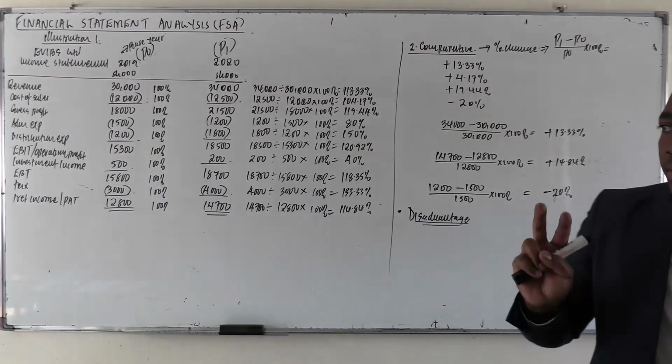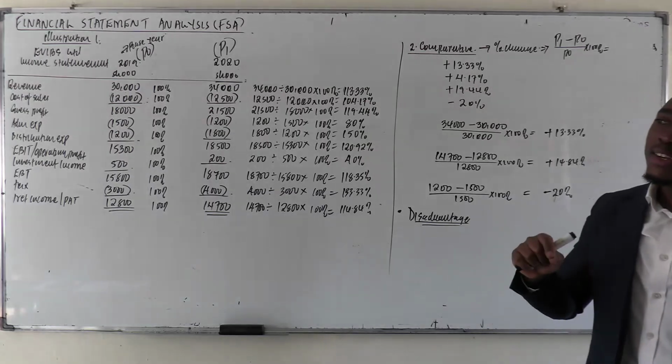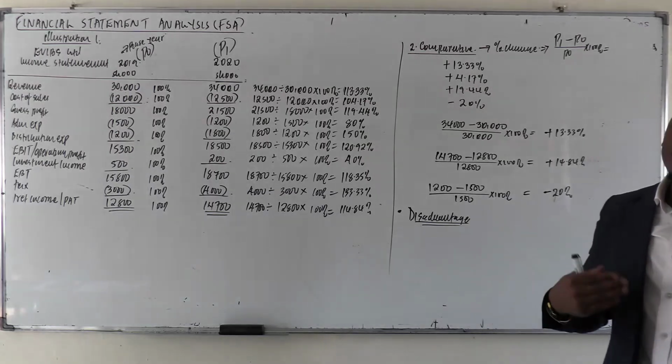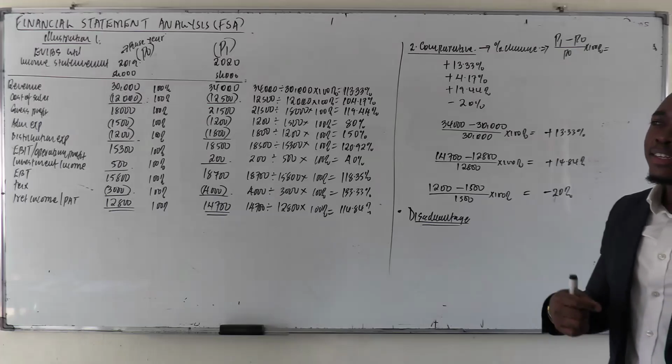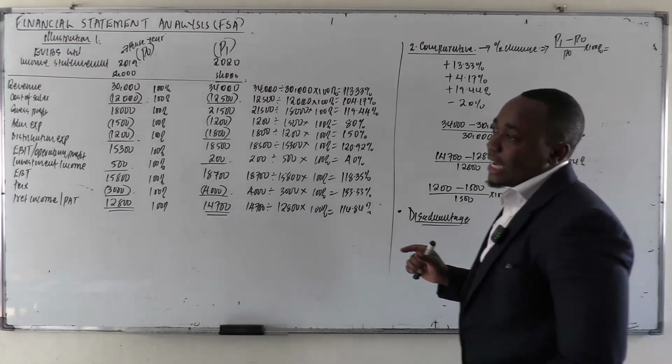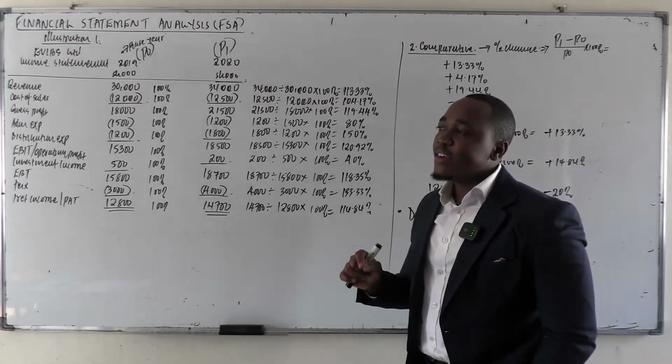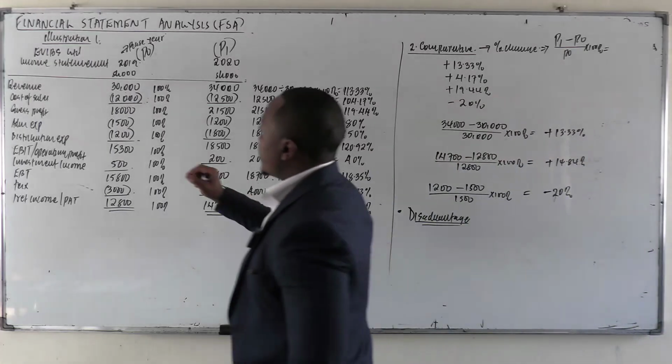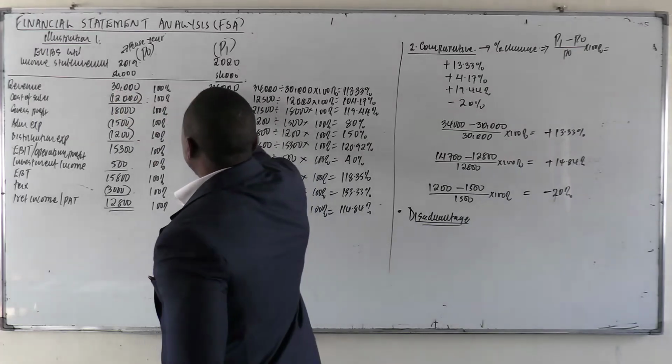Number 2 of the disadvantages, it does not take into account the concept of time value of money. Another thing, it does not take into account the effect of inflation. For example, if you look at this data, this is 34.